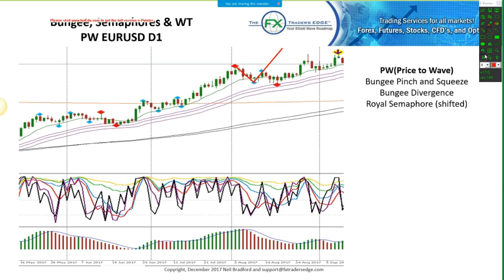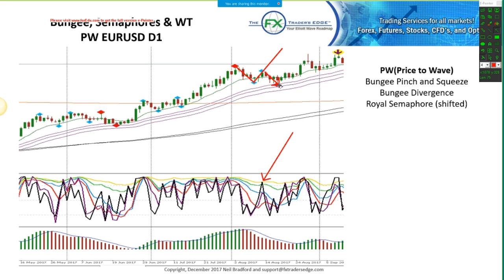But look at this bungee snapback of the black bungee. And the blue and the red bungees haven't really reacted. The blue's still going down on this. So you know at the end of this retrace that there is a trade down to the wave.